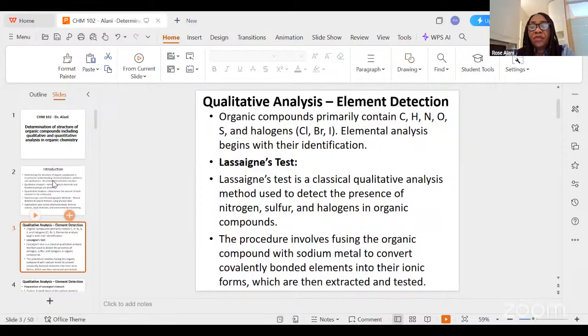This involves fusing the organic compound with sodium metal to convert the covalently bonded elements into their ionic forms. Then this is extracted and tested.